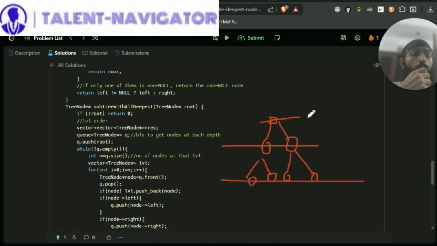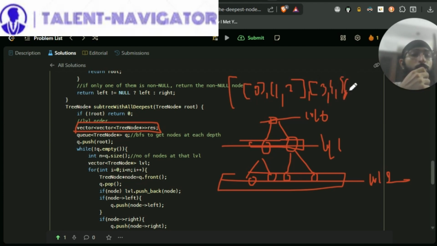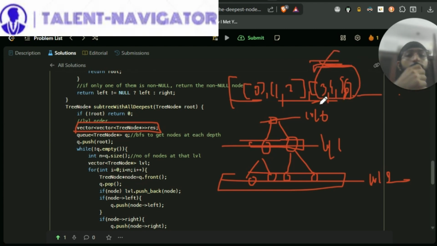This is level 0, this is level 1, this is level 2, and so on. In the result vector, we store all of these in this format: 0, then 1, 2, then 3, 4, 5, 6, and so on.